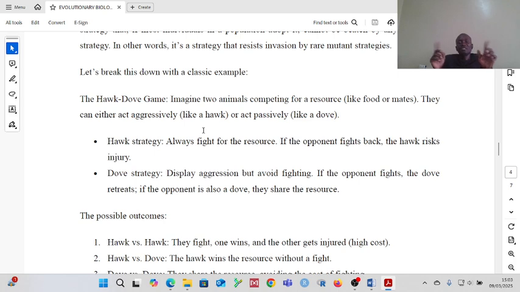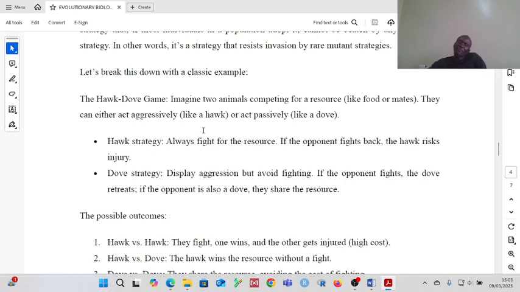So the cost is, by retreating, I don't get the resource. But the benefit, I don't get injured. But now, if the opponent is also having a strategy like mine, then we end up doing what? Sharing that resource. So we cooperate, we share the resource.